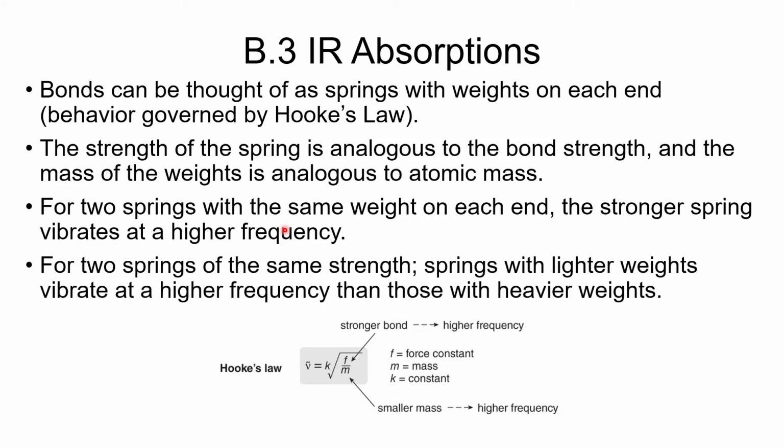If you have two springs of the same strength, springs with lighter weights will vibrate at higher frequencies. So if you've got a carbon-oxygen bond versus a carbon-nitrogen bond, the carbon-nitrogen bond will vibrate at a slightly higher frequency than the carbon-oxygen bond, provided that the bonds are the same strength.